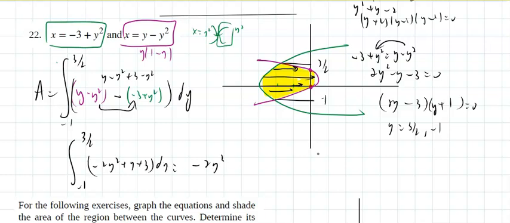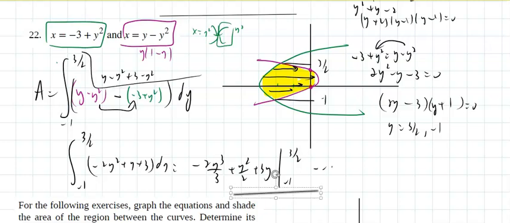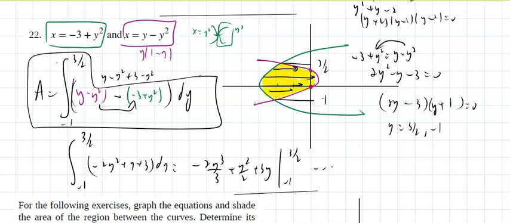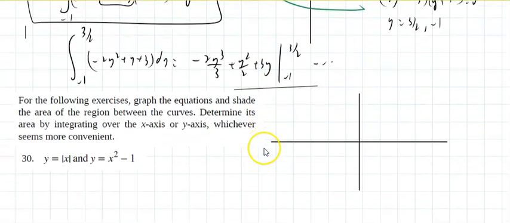That is negative 2y cubed divided by 3 plus y squared divided by 2 plus 3y. And there it is. Setup, do not solve, will be simply that answer right there. Solve, then you work it out.